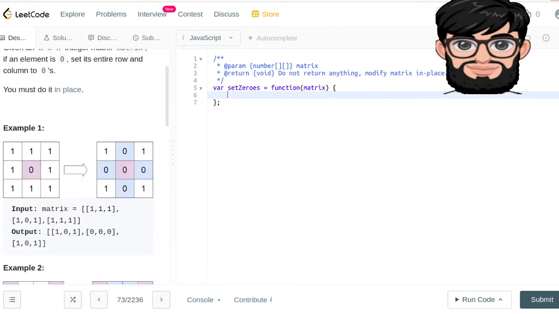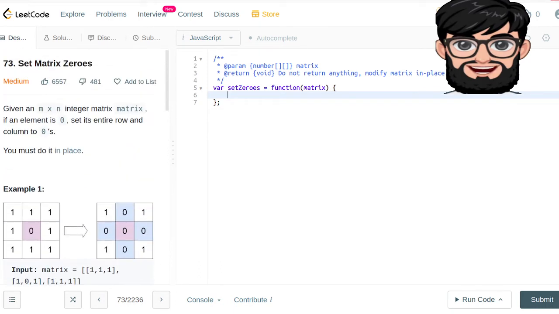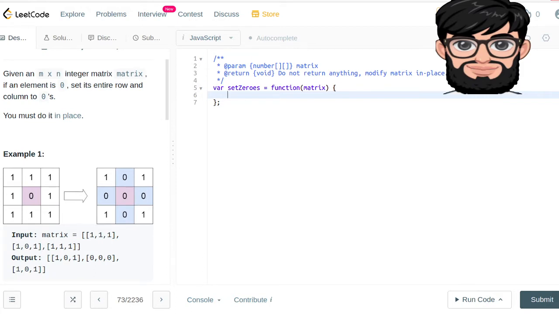And here are a couple of examples. So basically the way we're gonna be doing it is we're gonna be looking at 0, and whenever we see a 0, we're gonna make the whole row and the column minus zeros.